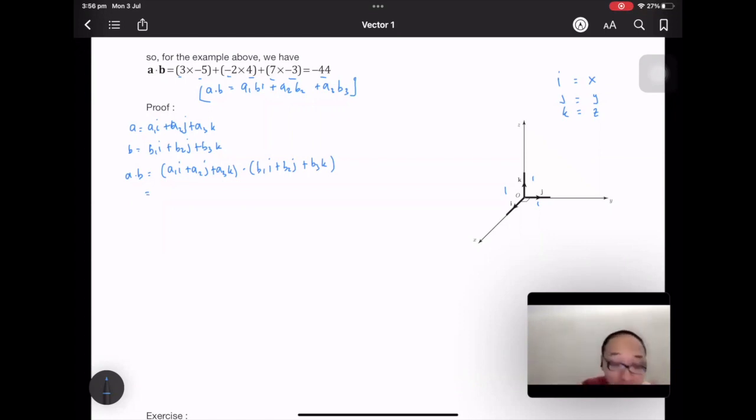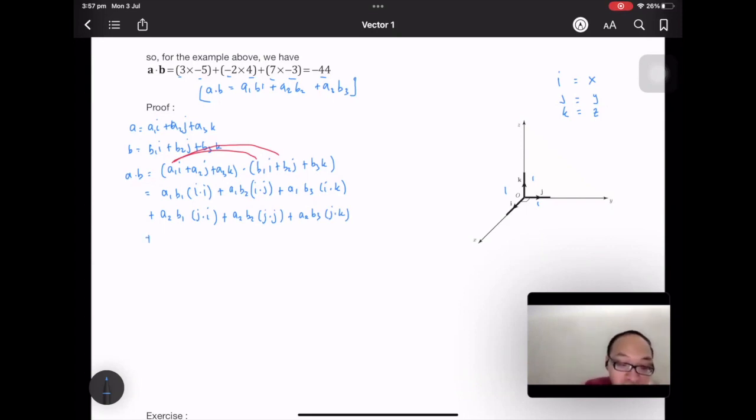Using the distributive law, we can expand this. So A1B1 times i dot i, plus A1B2 i dot j, plus A1B3 i dot k, plus A2B1 j dot i, plus A2B2 j dot j, plus A2B3 j dot k.